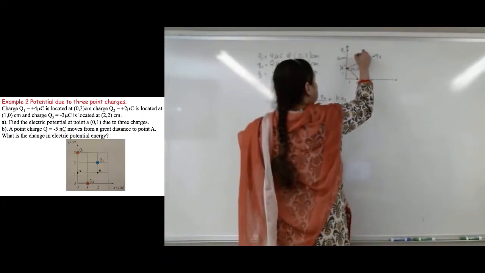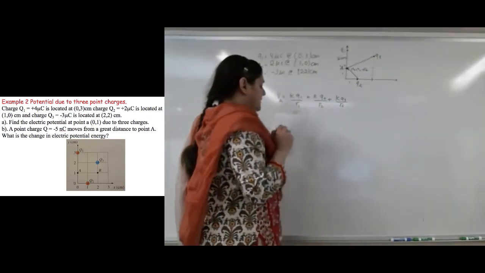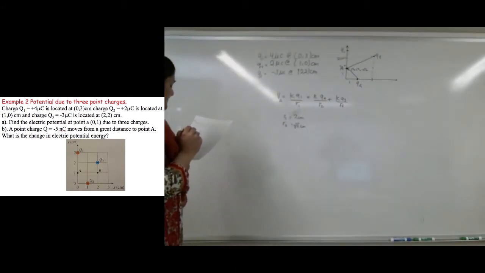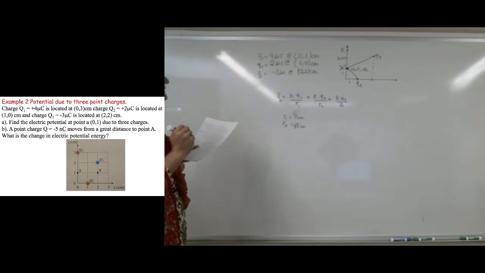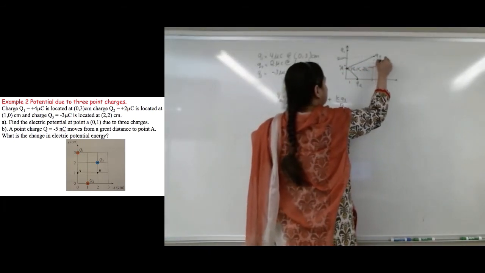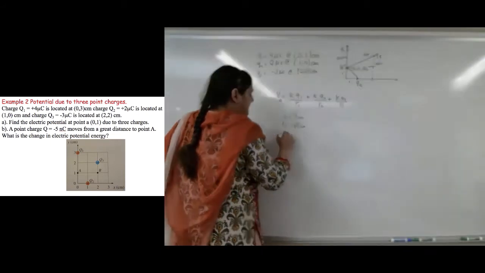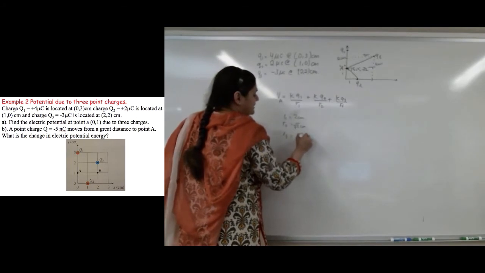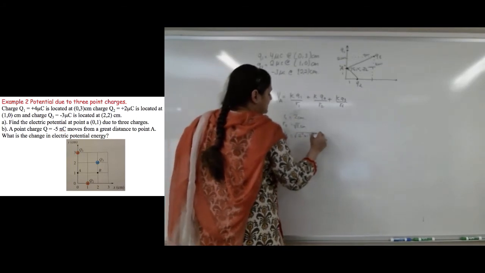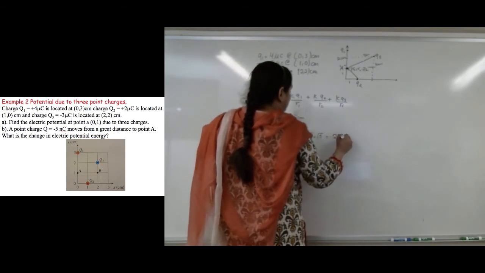It is 1 centimeter here and 2 centimeters here. So R3 will be the square root of 2 squared plus 1 squared, and the answer is square root of 5, or 2.23 centimeters.